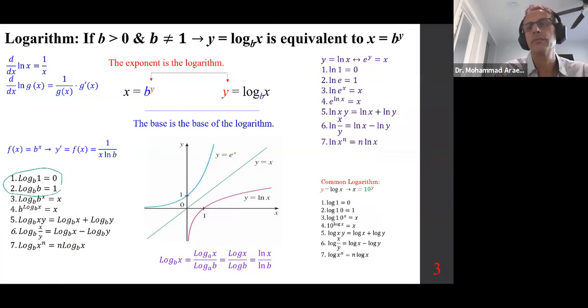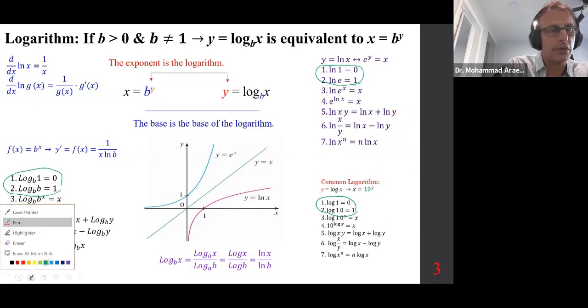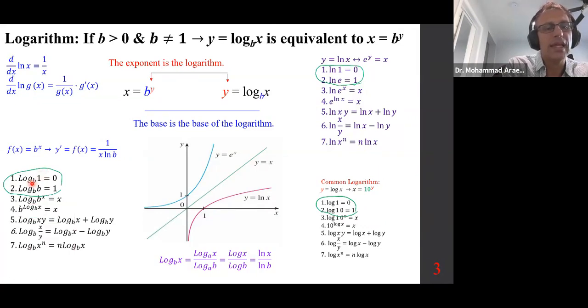One and 2. As we look at the specific case for natural log, base E, common log, base 10. So what you need to understand is the following. Log of 1 with any base, a general base B, a natural log, that means E, or common log, that means 10, gives you 0.